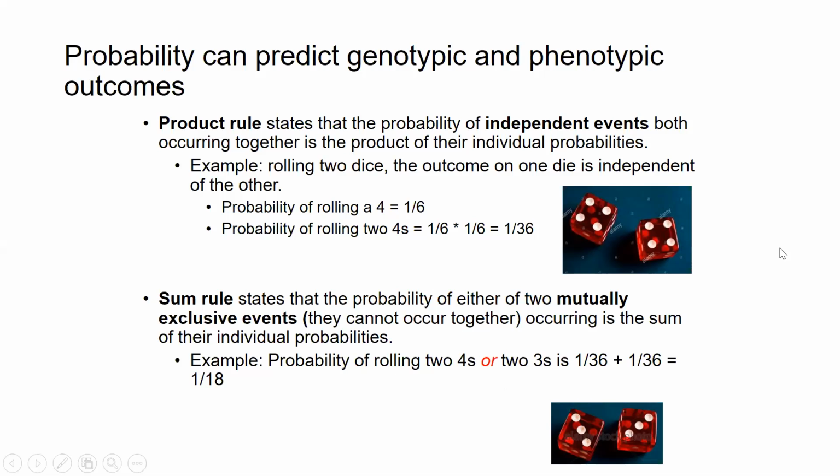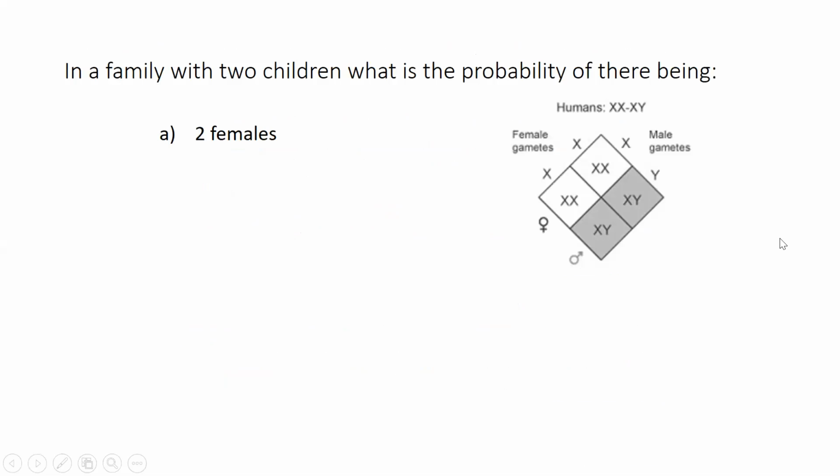Okay. So an example for this is in a family with 2 children, what is the probability of there being 2 females? So how would you go about this? We have our Punnett square, female, male, our crosses come out.